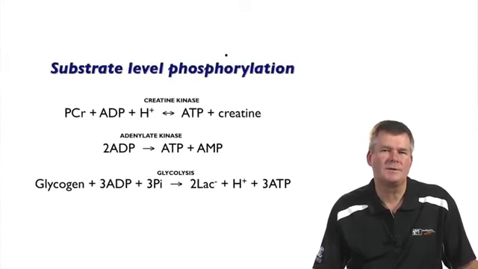As the name implies, substrate level phosphorylation involves the transfer of phosphate across substrates. Phosphocreatine is another high energy compound found in skeletal muscle, and it can be used to rephosphorylate ADP to ATP in a reaction catalyzed by the enzyme. Obviously, the ATP can be then utilized.